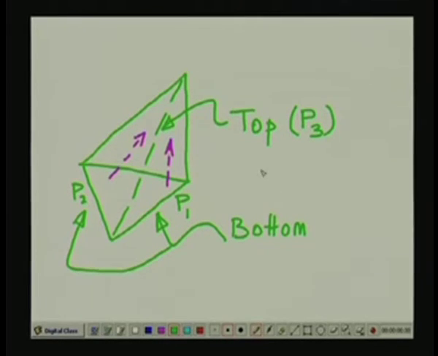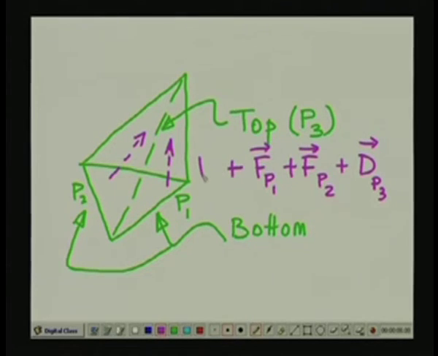So, you are going to estimate the frictional force on plane 1, then frictional force on plane 2, and the resistance because of dilatancy along plane 3. These are vectorial quantities, and the vector sum of those three resistances, if you add the weight of the wedge to it, should give a null vector.